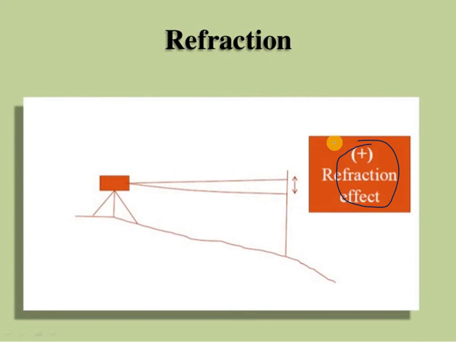In this case we call it the refraction effect. This is the portion we are getting. It will get very near to the object, the light tends to get nearer. This is called a refraction effect.